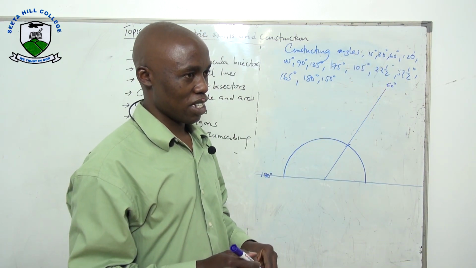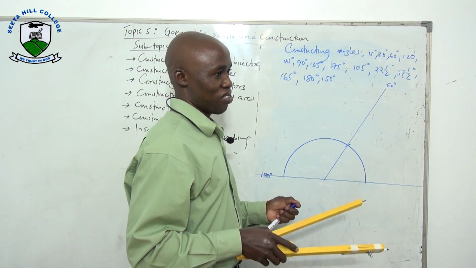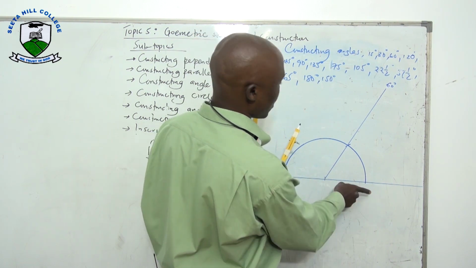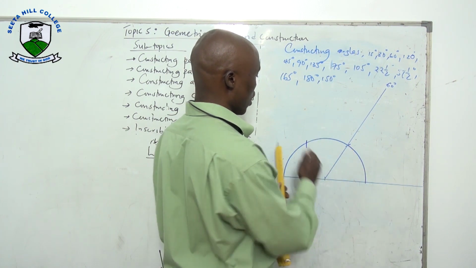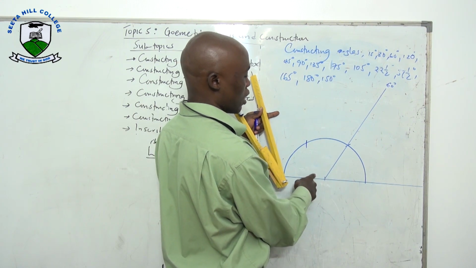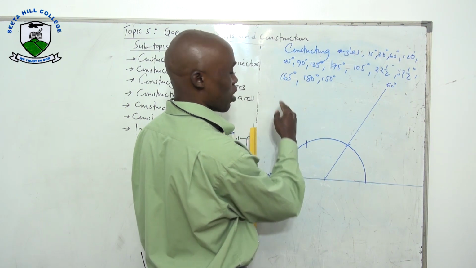No, 120. 120 how? This one is 120. Yes. If you want it this side, you would make an arc where? Then this would be 120 this side. That means 120 is this way. Okay? We label it here as 120.